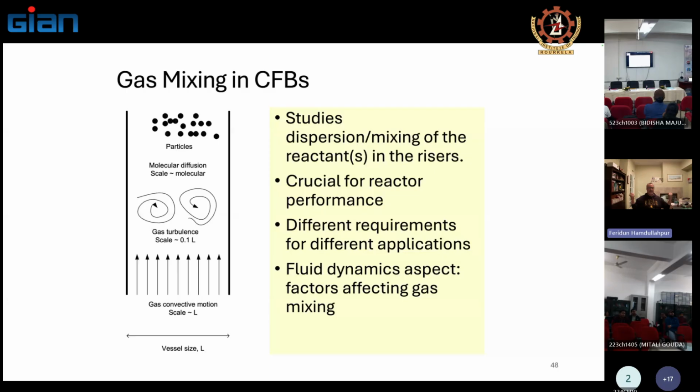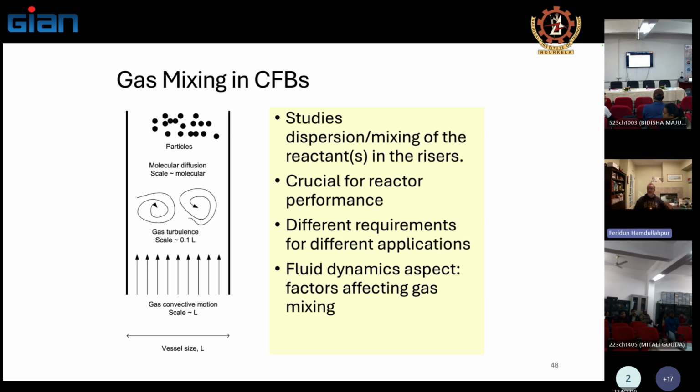This is the diffusive effect, but also due to turbulence effect, you will have mixing of gases, radial mixing, and of course in turn, this gas movement will affect the particle movement across the cross section. So it is very important. This is one of the most critical parts of designing. Otherwise, you won't get the benefit of using the entire geometry of your reactor, if you don't have proper mixing in it.